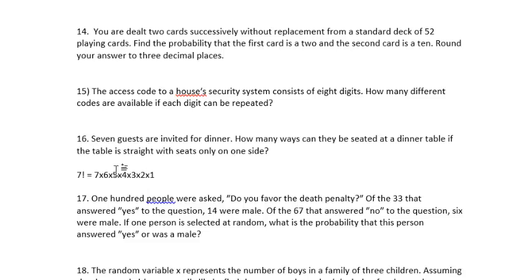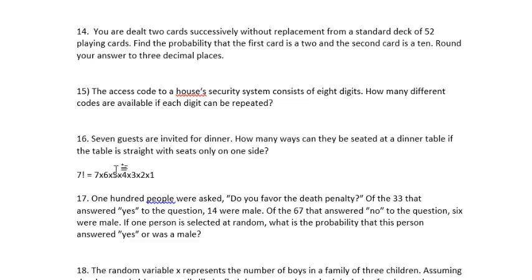Basically, factorial means that number times everything beneath it. Now, if you were only picking 3 of the people, you'd only do 7 times 6 times 5. Then it would be something called 7C3. But we don't have to worry about that for this question.